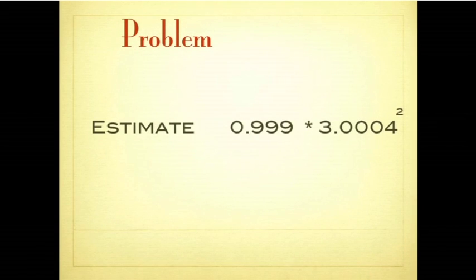So let's look at this problem. It's an estimation problem. We want to estimate something. What we can do, in this case, is find the linearization. I think I still have a blackboard here.